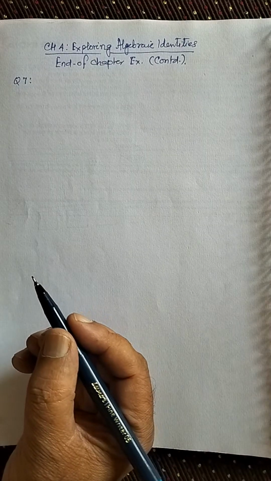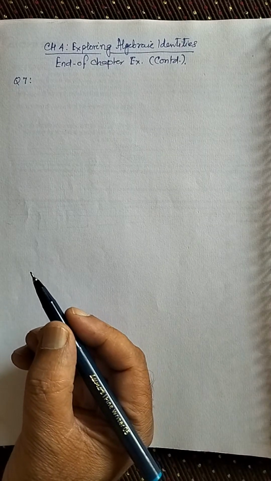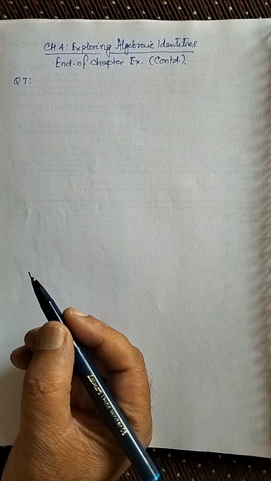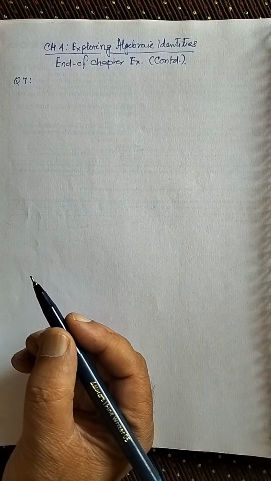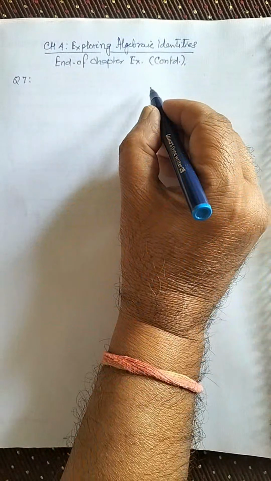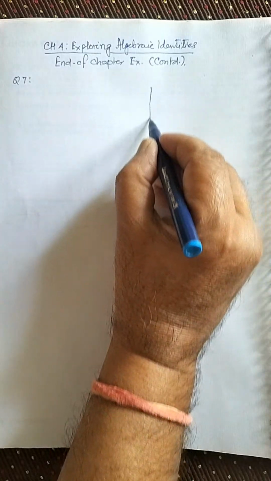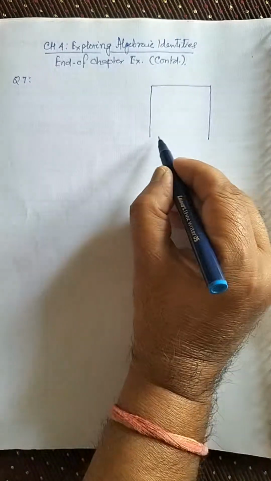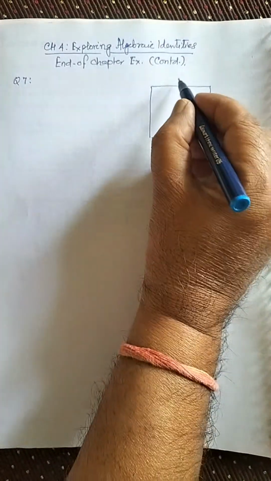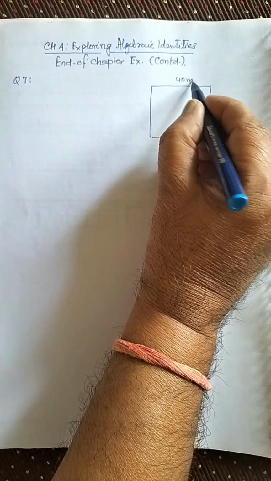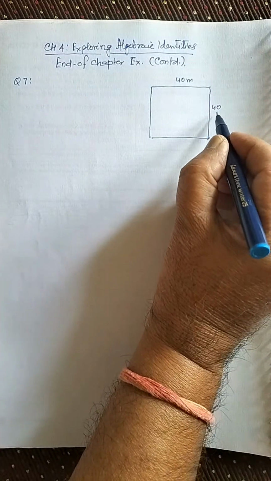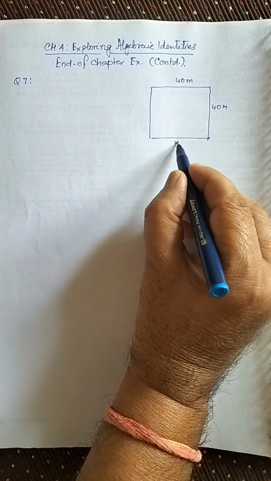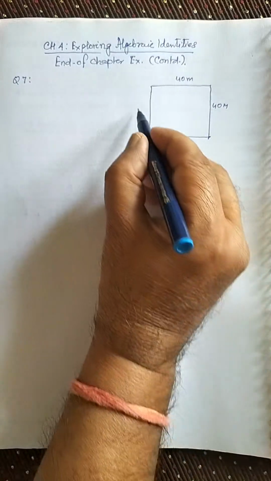The seventh question, I am reading it out here, and along with that, we will be writing it. The village playground is shaped as a square of side 40 meters. So there is a square-shaped playground, each side is 40 meters.